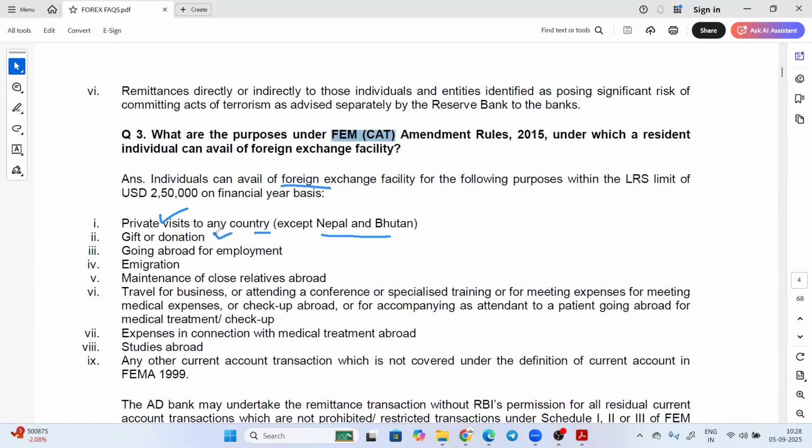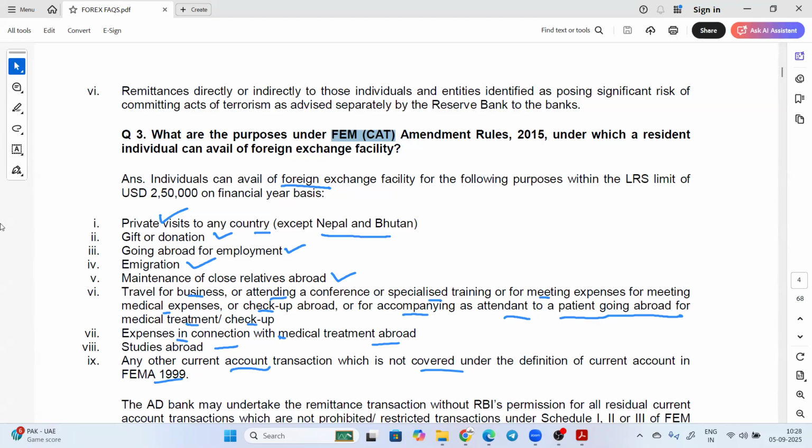Second is gift or donation, going abroad for employment, immigration, maintenance of close relatives abroad, travel for business, attending a conference or specialized training, meeting medical expenses, checkup abroad, accompanying as an attendant a patient going abroad for medical treatment or checkup, expenses in connection with medical treatment abroad, studies abroad, and any other current account transaction which is not covered under the definition of current account in FEMA 1999.